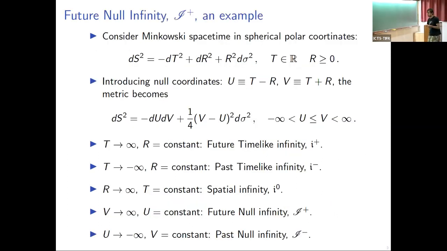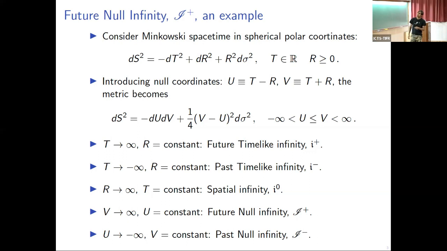In Minkowski spacetime, we can visualize this easily. For example, if we write the metric in spherical polar coordinates, big R is my radial coordinate, and d sigma squared is the metric on a unit sphere. We can introduce outgoing and ingoing null coordinates denoted by v and u, and in terms of these coordinates, this is how my metric looks.